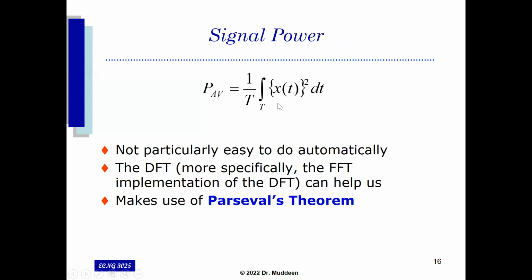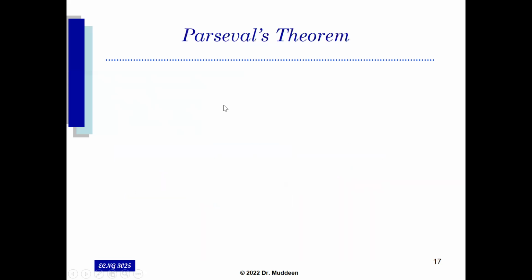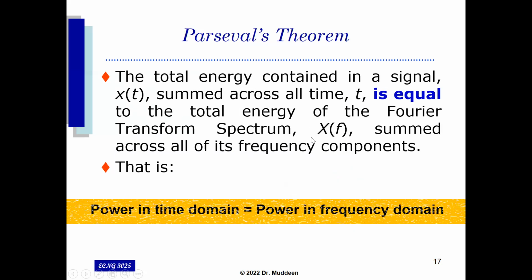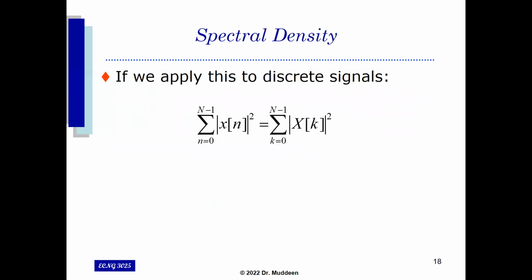But if I know that the power is the same in the spectrum, then let me get the spectrum and get the power from there, because I know I could get the spectrum of my signal by using the DFT or FFT.